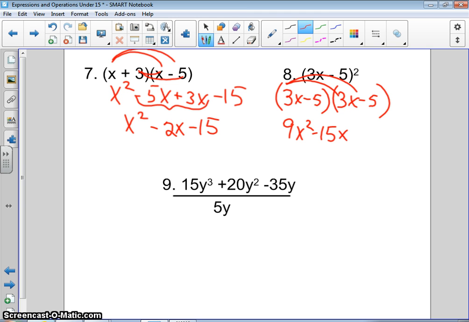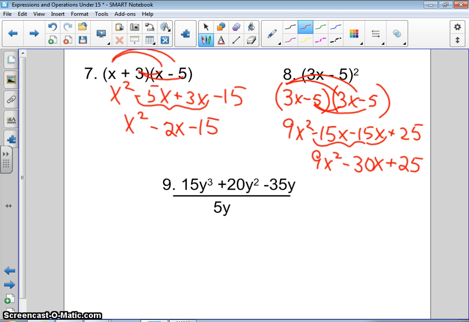Then we distribute the negative 5. Negative 5 times 3x is minus 15x, and negative 5 times negative 5 is positive 25. Put your middle terms together. Our final answer is 9x squared minus 15 minus 15 is minus 30x plus 25.